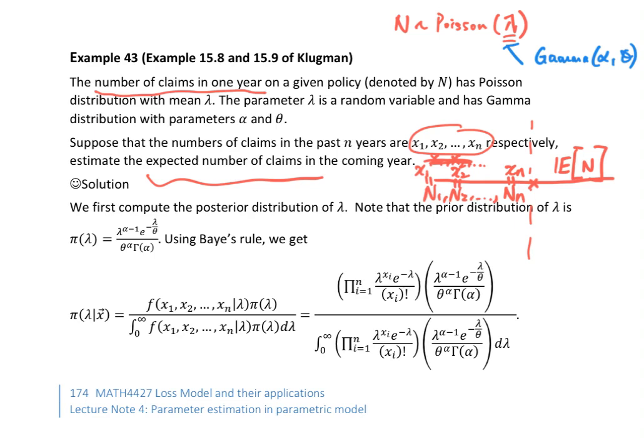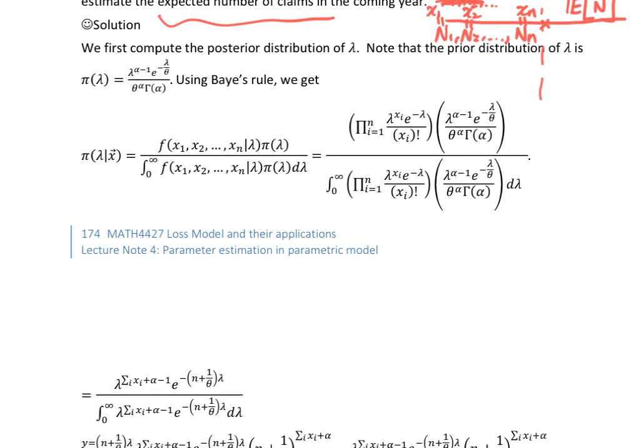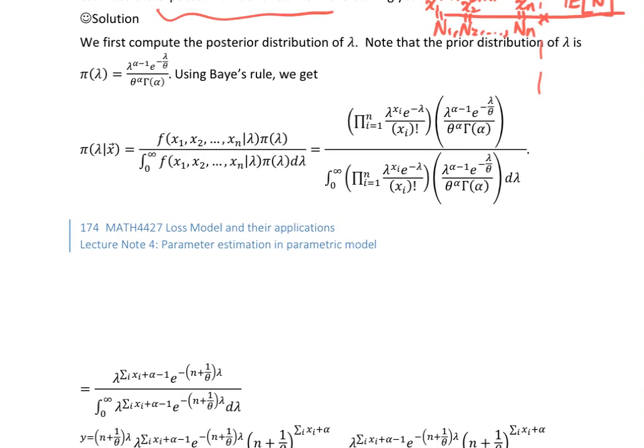In order to get this expected value, let us first figure out what we need. Remember, N depends on some unknown parameter, which is a random variable, so the expected value of N is just equal to the double expectation formula.